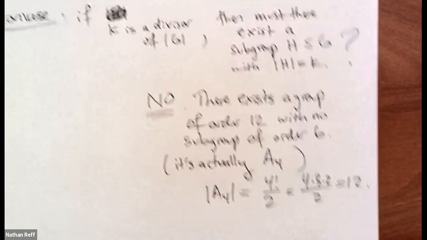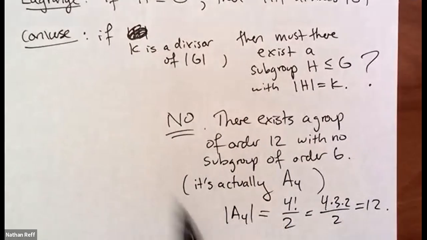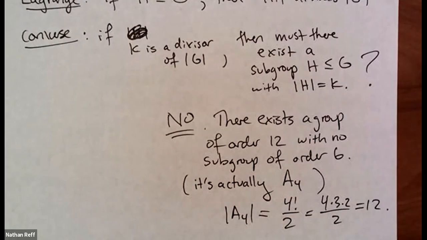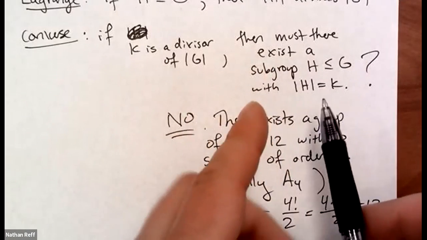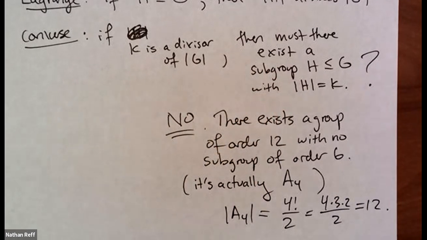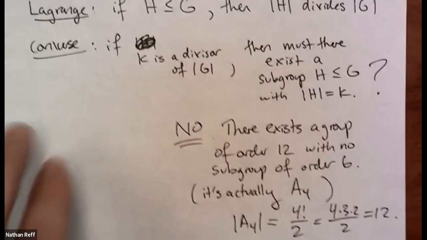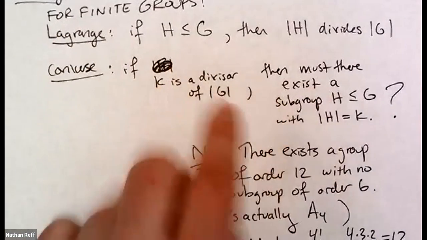Going back to this converse, is it true for some type of group? If I knew that I have a divisor, then must there exist a subgroup? We know one family for which this is true, which is cyclic groups. If G is cyclic, then this would actually be true.